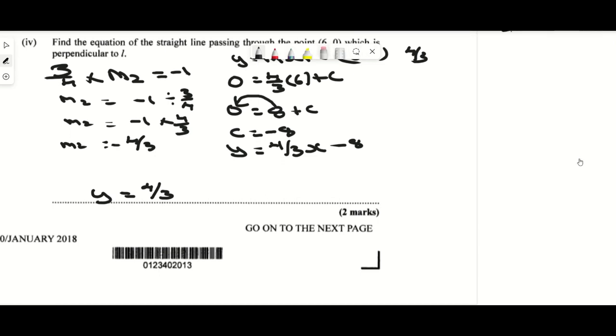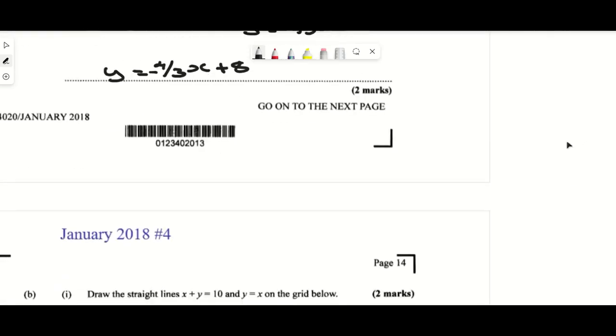All right, this will change a lot. It will be negative 4 over 3 by 6, right? Which is negative 8 plus c. So c is plus 8. So this is minus 4 over 3 x plus 8. And that would be your answer for this question.